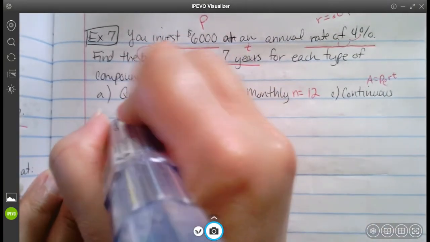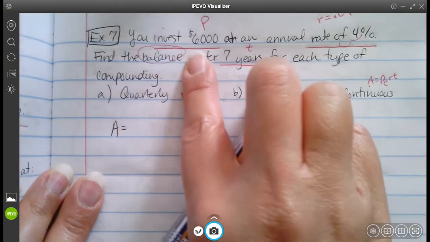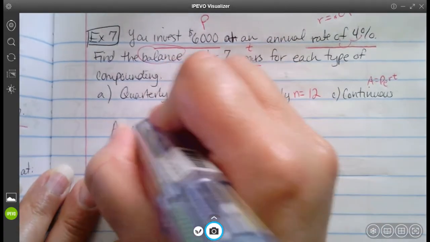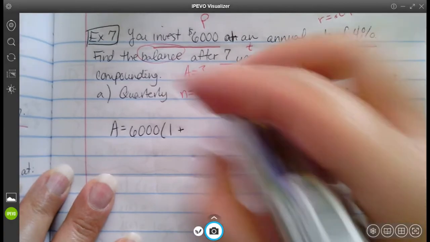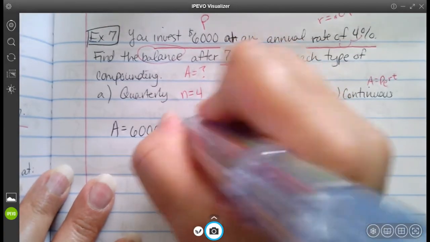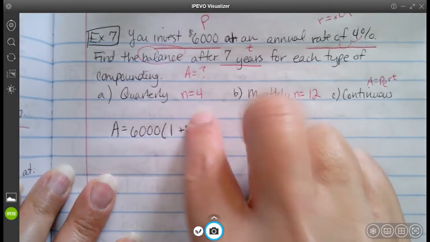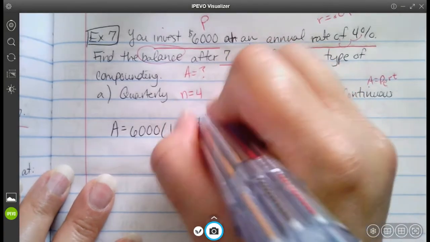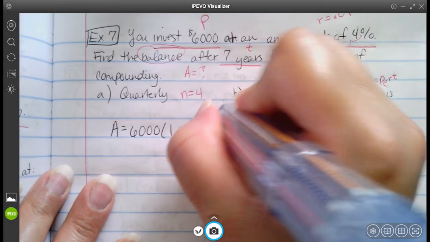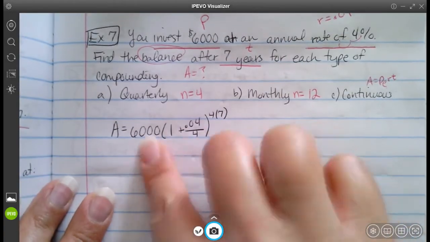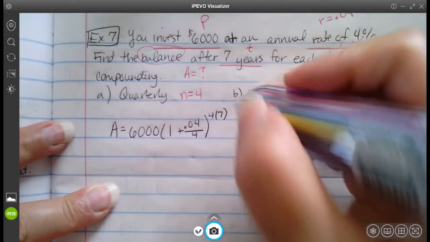So A equals, we start with our principal amount, $6,000 times (1 plus the rate, 0.04, over the number of times compounded, 4) to the power of nt, so 4 times 7. And again, I'm just getting this formula from the page before.